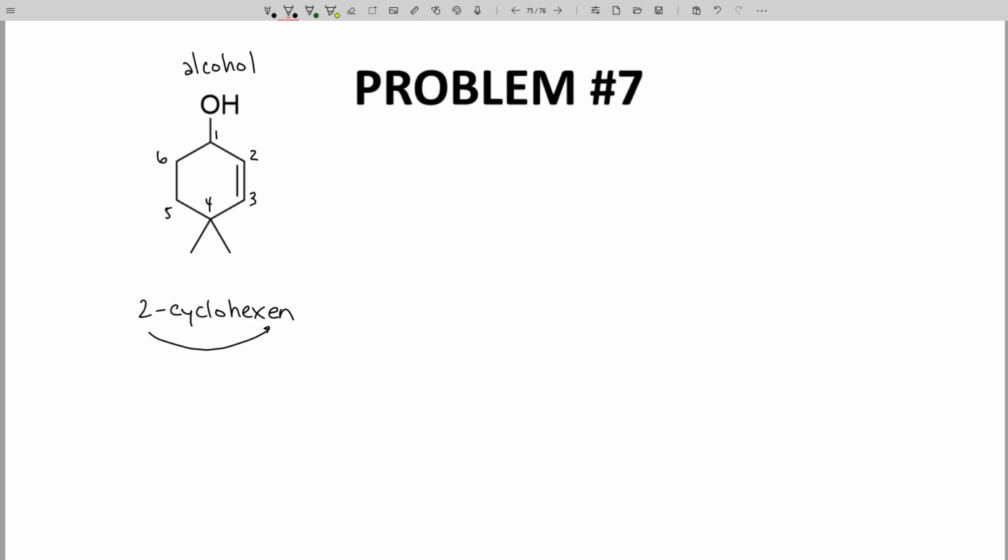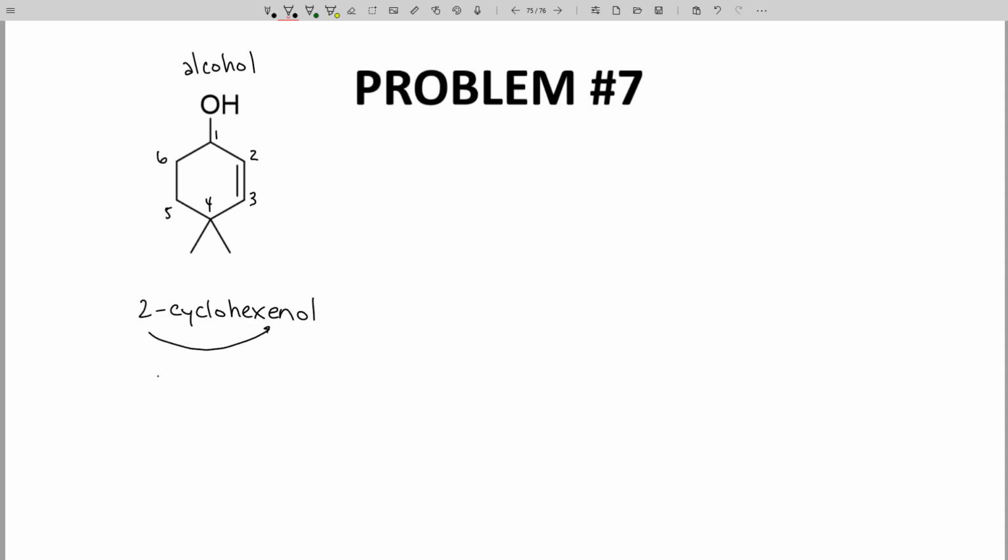But in a cyclohexanol, the alcohol by default must be the 1 position because it's the highest priority group in the ring. So we actually don't need to say where the alcohol is because it's understood that it has to be the top priority group. So you only get away with leaving out the numbers like this, almost always, when you have rings. And the highest priority functional group is by default at the 1 position.